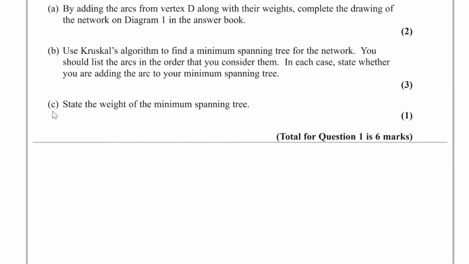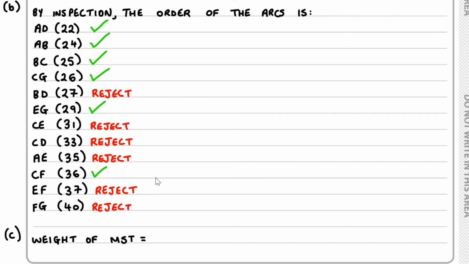For part C of the question, we have to state the weight of the minimum spanning tree. So to find the weight of the minimum spanning tree, we'd have to add together the different weights which we have accepted.